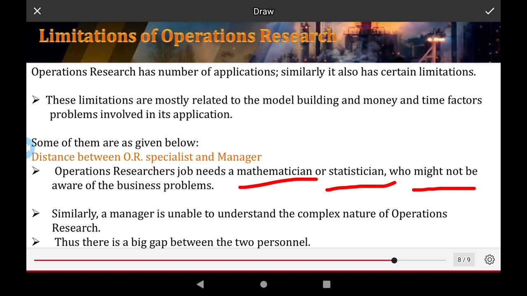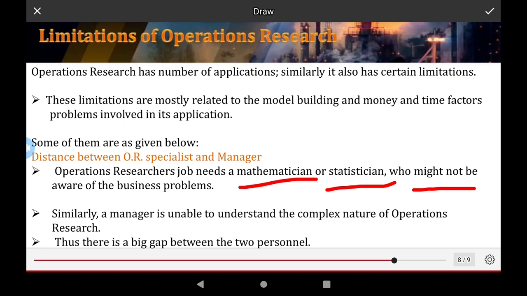You use the tools and techniques provided by operation research for business problem solving, and you need a very standard set of parameters.